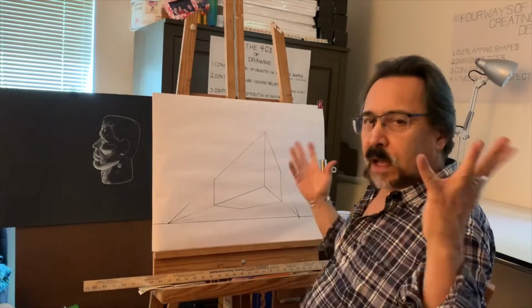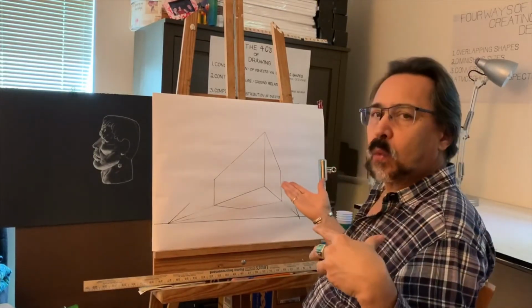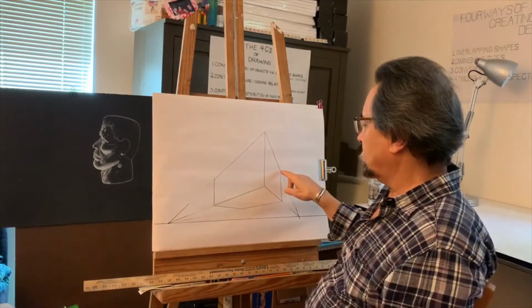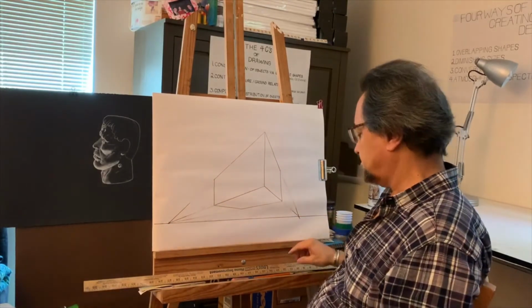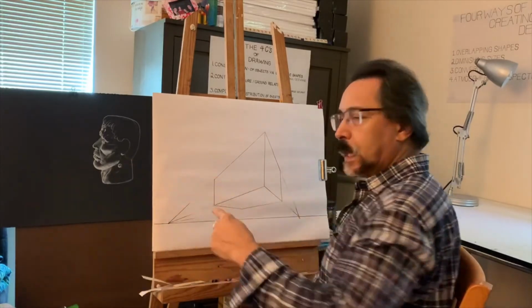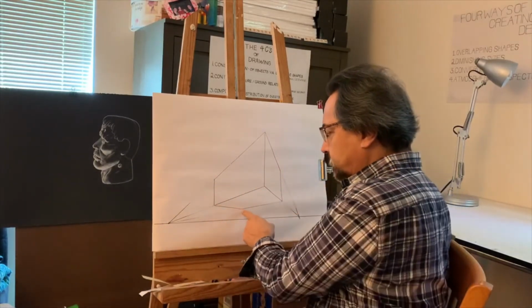What's the next step? The logical step, you need to get your back wall. So, right goes left, left goes right. And they will cross, and that'll be your back corner.